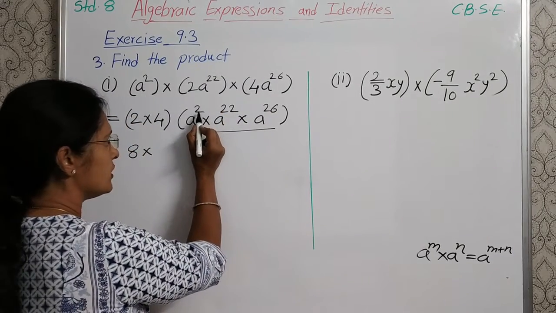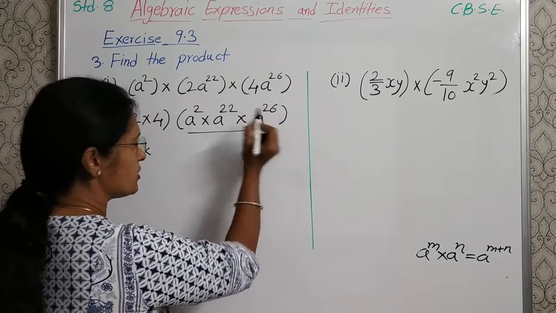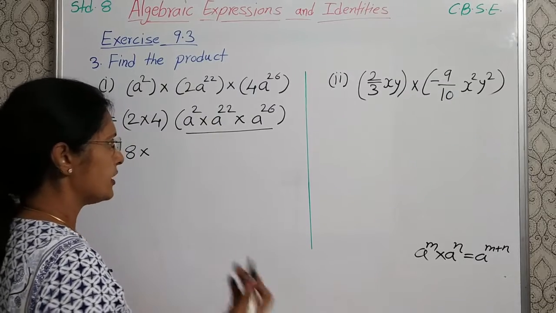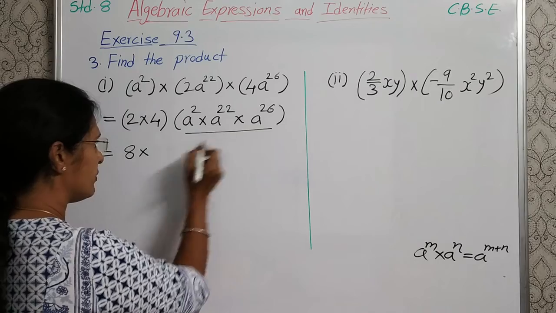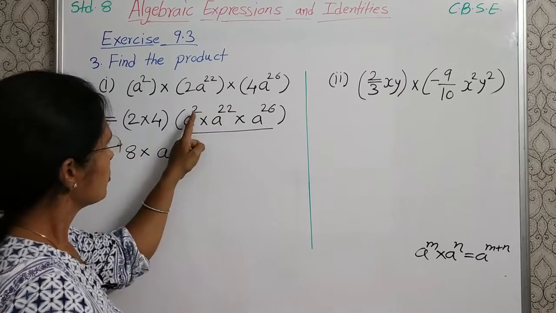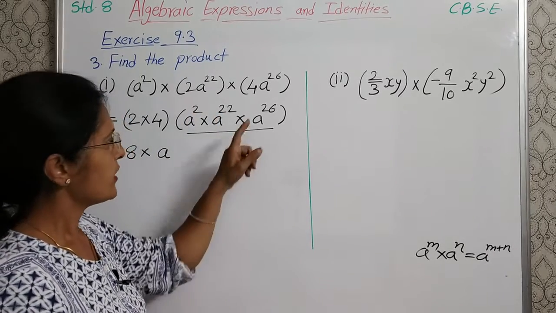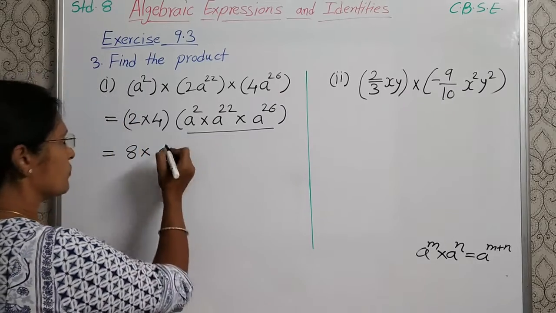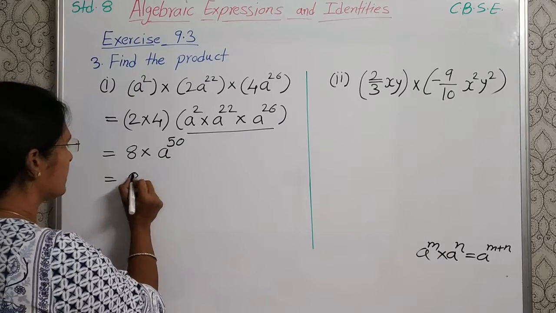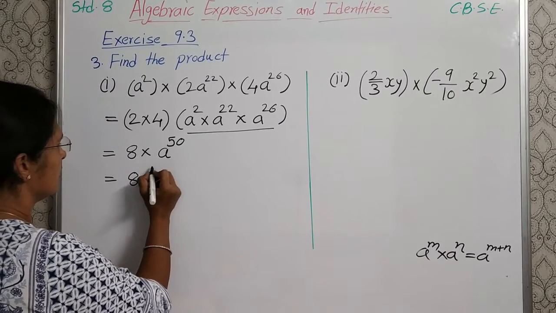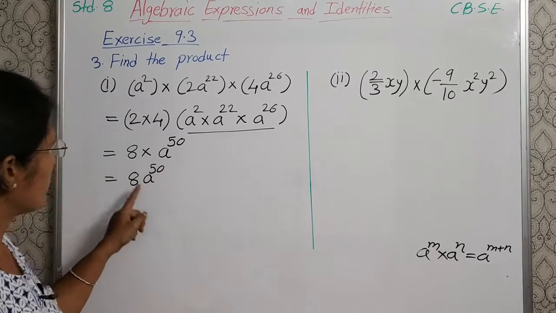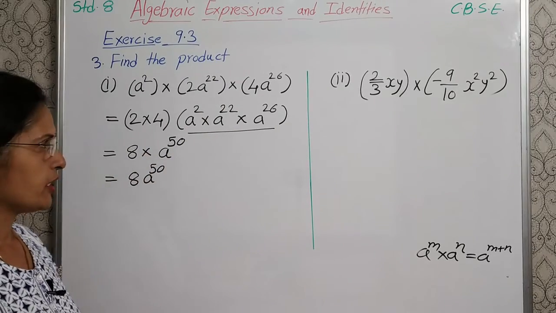So we'll add all these 3, 2 plus 22 plus 26, and we'll write that number as an exponent or index for this variable a. A will be common. So write here a, and now add all these 3 indices. 2 plus 22 is 24, 24 plus 26 is 50. Write that 50 here. Now 8 into a raised to 50, we can write this way, 8 a raised to 50, and this is the product for this multiplication.